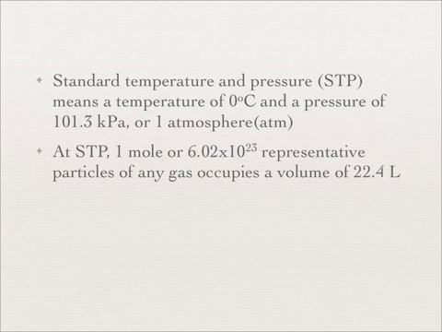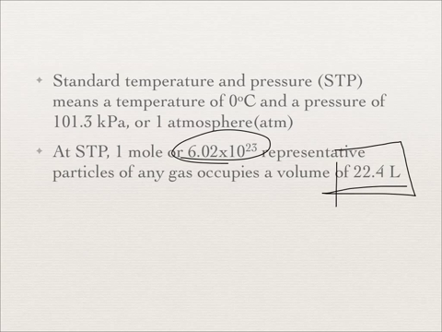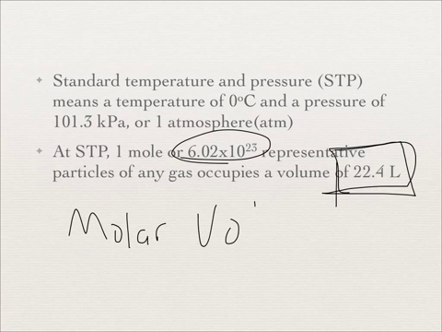If I have 1 mole of a gas at STP, I've got 6 times 10 to the 23rd representative particles, and that volume is always, and here's a new number you need to know, 22.4. This is known as the molar volume.